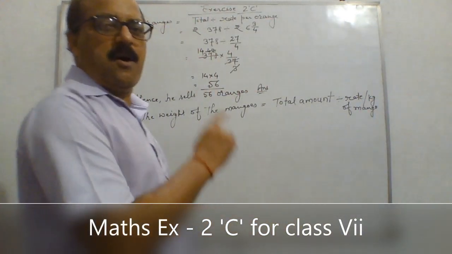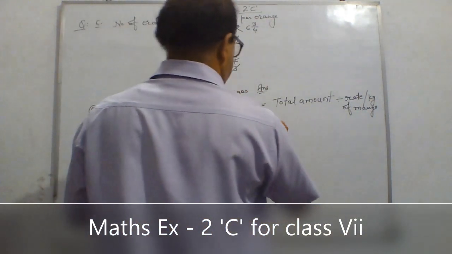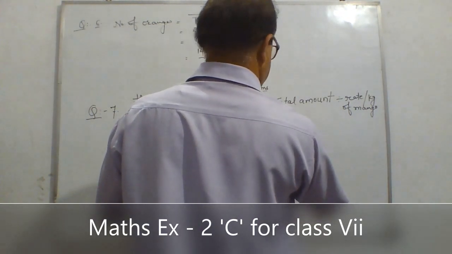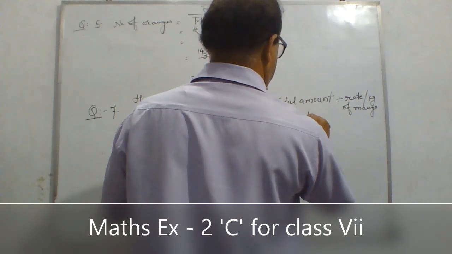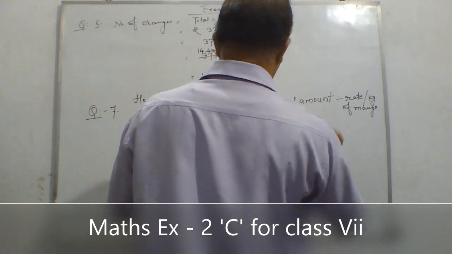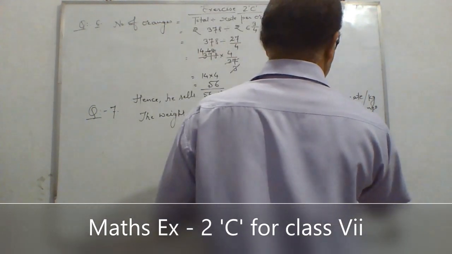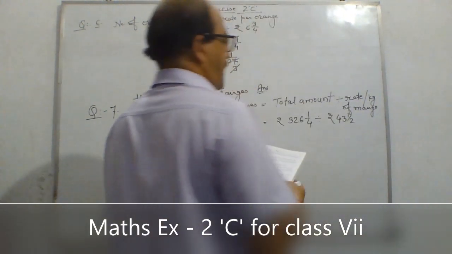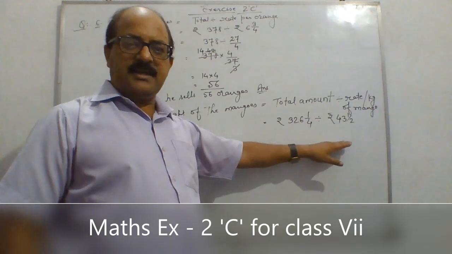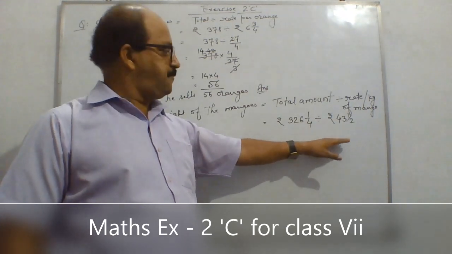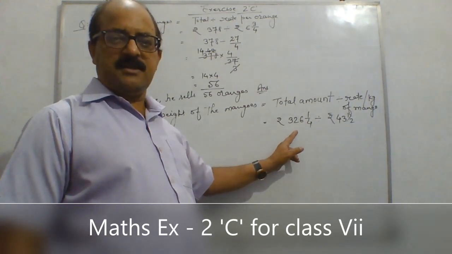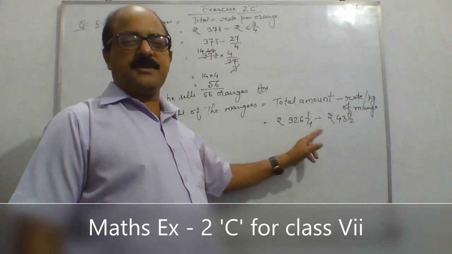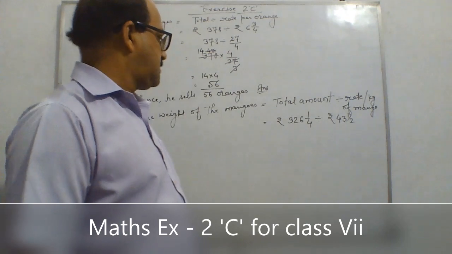The total cost is rupees 326 whole 1 by 4, divided by rupees 43 whole 1 by 2, and when we simplify it we will get our answer. Here these are mixed fractions, and the mixed fractions will be changed into improper fractions. After that, you will have to solve it.